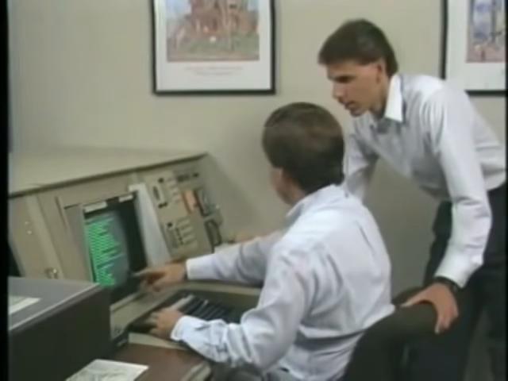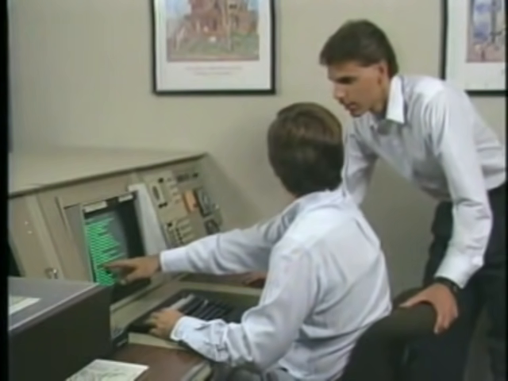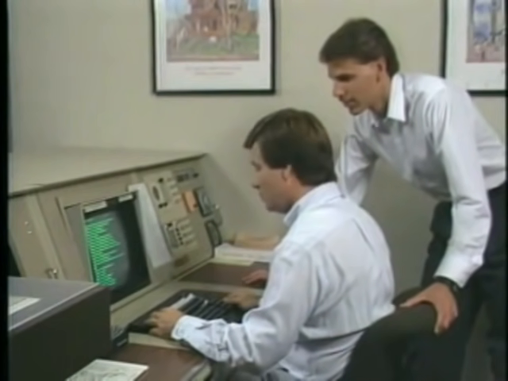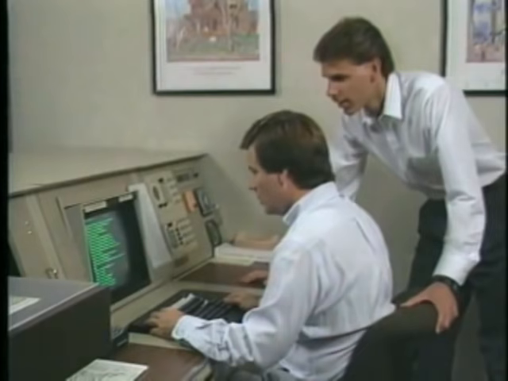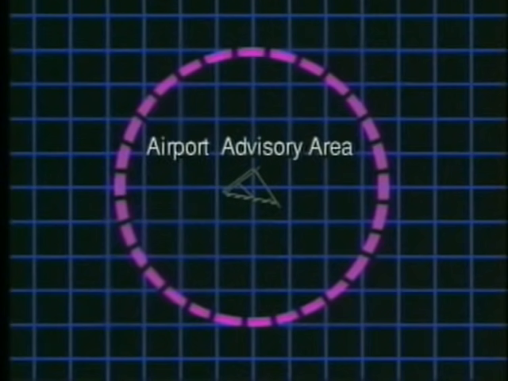Flight operations along these routes are typically flown below 10,000 feet MSL at speeds in excess of 250 knots. An airport advisory area exists at airports that have a flight service station but don't have an operating control tower. The FSS provides a local airport advisory service to all participating aircraft within a 10 statute mile radius.